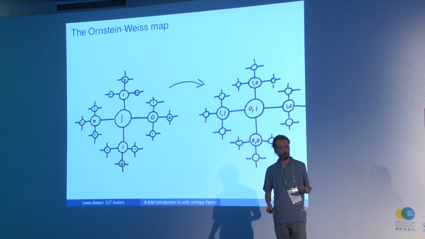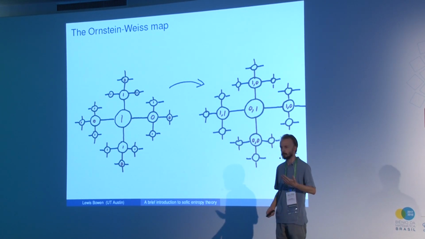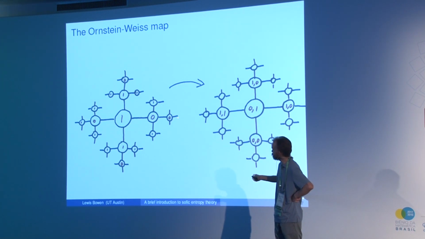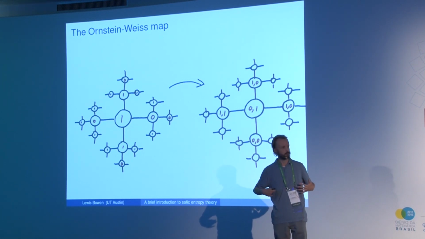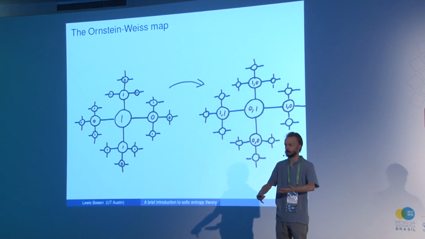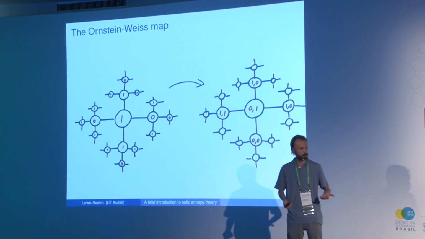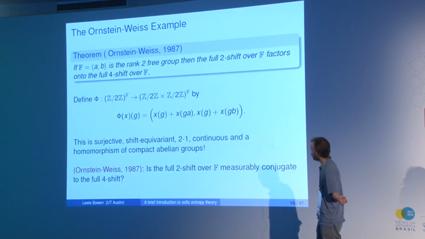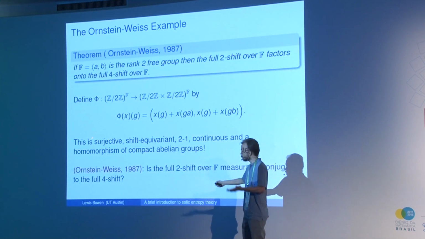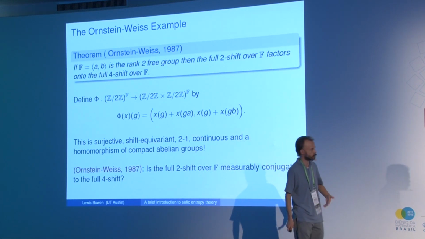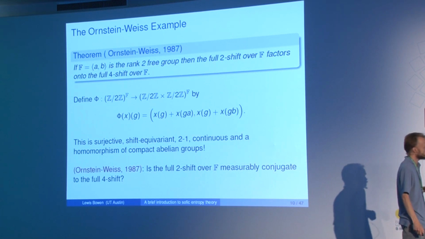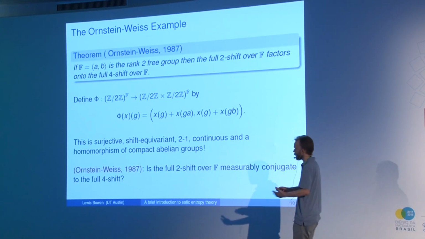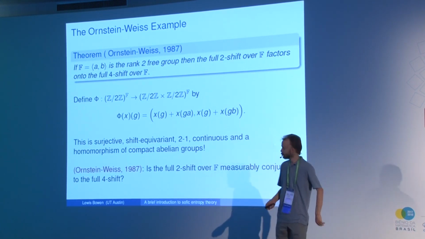The kernel of this map, which is a homomorphism of compact abelian groups, consists of the constants, all zeros or all ones. There's just two elements of the kernel. It's a 2-to-1 map. So just to recap, it's surjective, it's shift equivariant, it's 2-to-1, continuous.